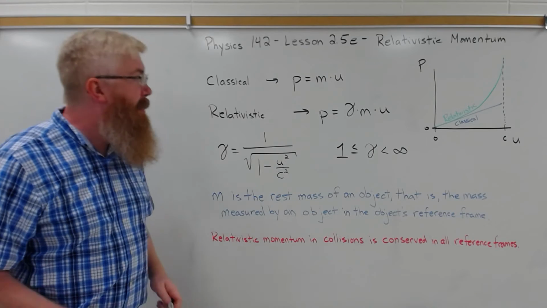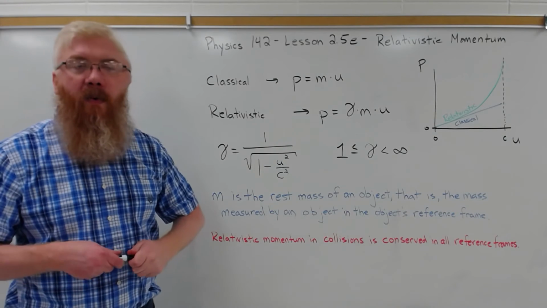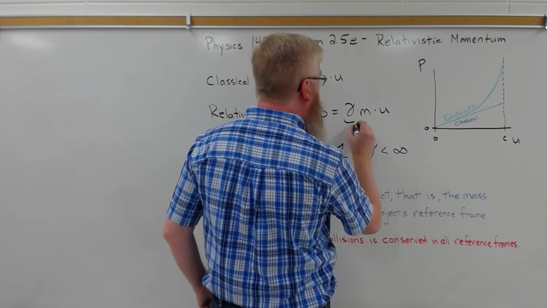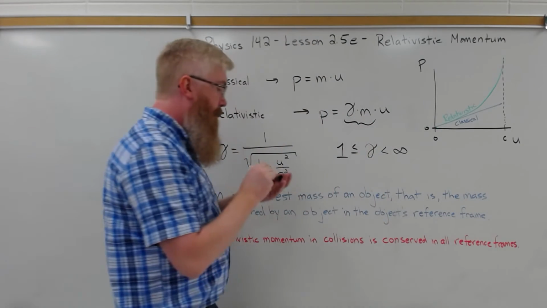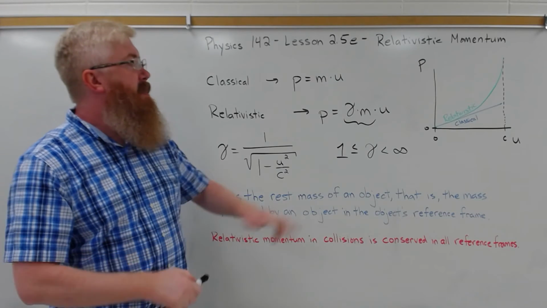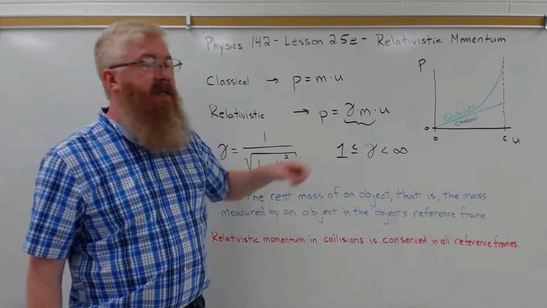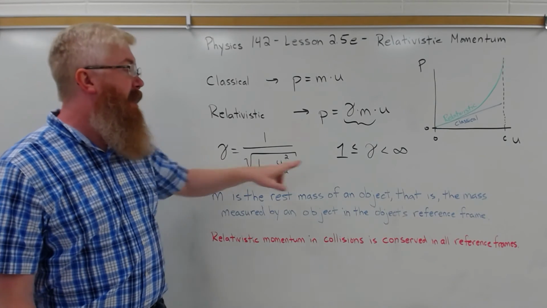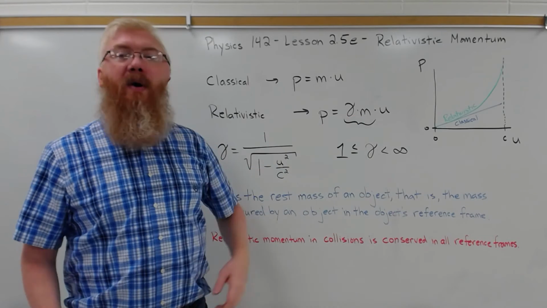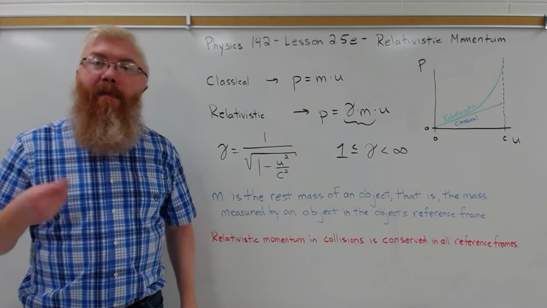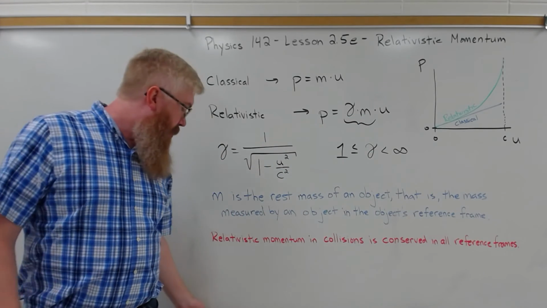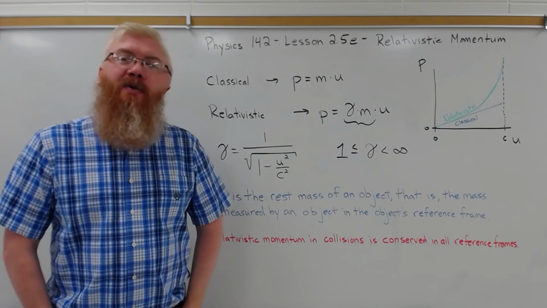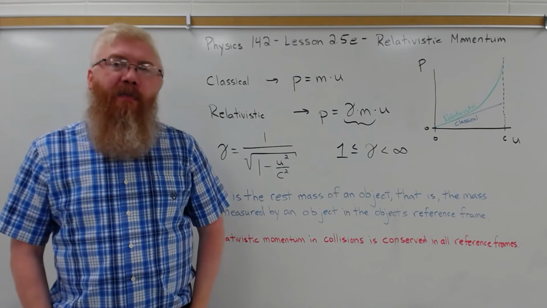Now your book talks about, as in earlier books, one way to think about this, and how I was taught to think about it: if you combine these two terms, gamma and m, it looks like the mass increases with gamma. Gamma changes with speed. As the speed increases, gamma gets bigger and approaches infinity. So it's as if the object gets more massive, and the momentum increases dramatically because the object gains mass as it approaches the speed of light.